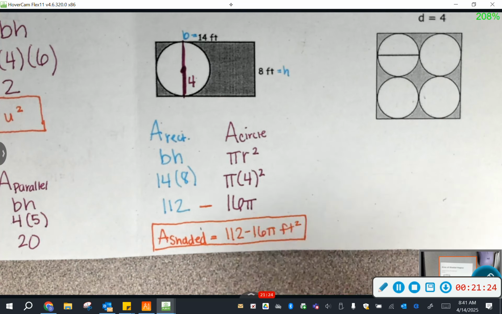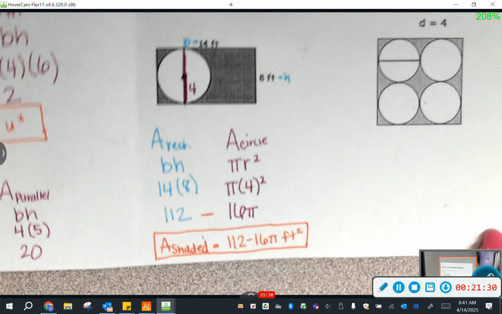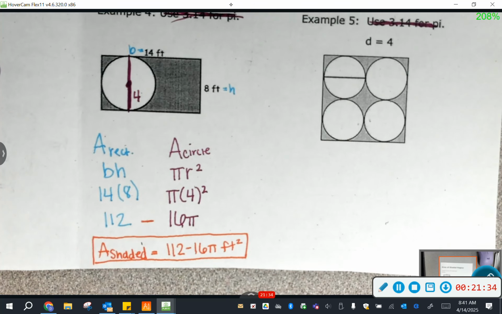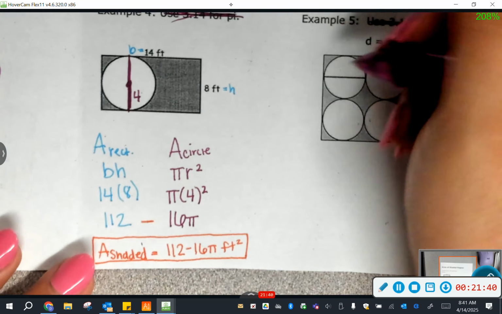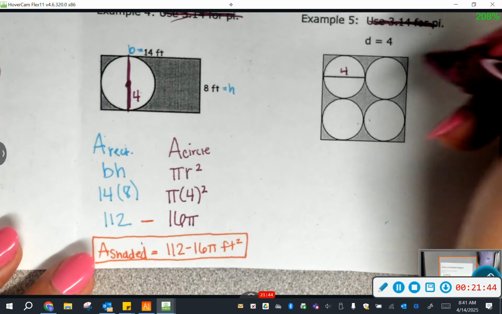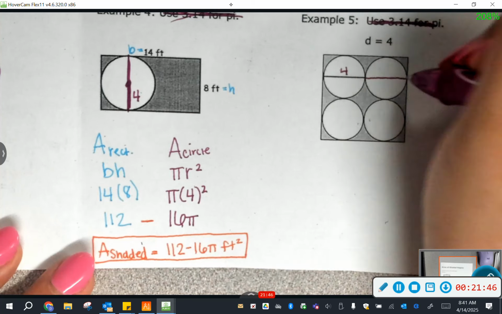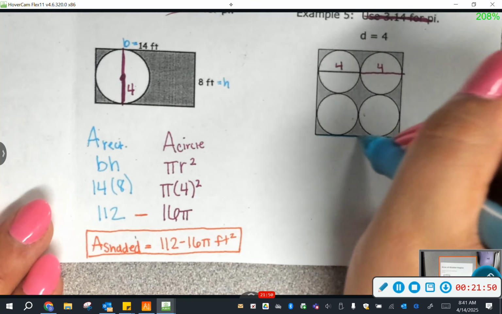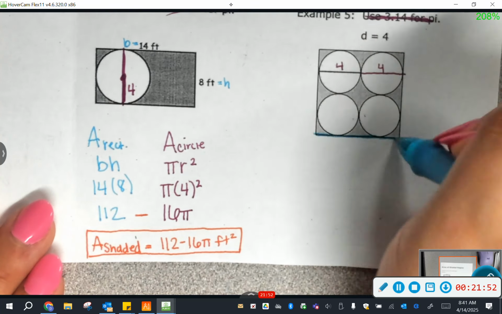Questions? We're almost done. Last example. What is my big shape here? A square. What are the sides? It doesn't tell me the sides of the square. But it does tell me the diameter here is 4. And if that diameter is 4, what's this diameter right here? So what is the whole base going to be down here? 8.